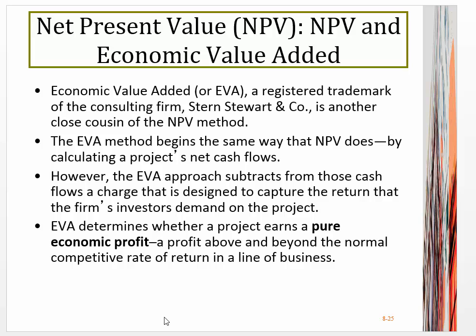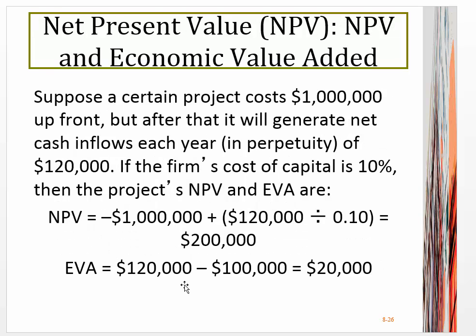So economic value added, again, is a method that in the end measures the pure economic profit of a company. That's the profit it has above and beyond the normal rate of return for a business.